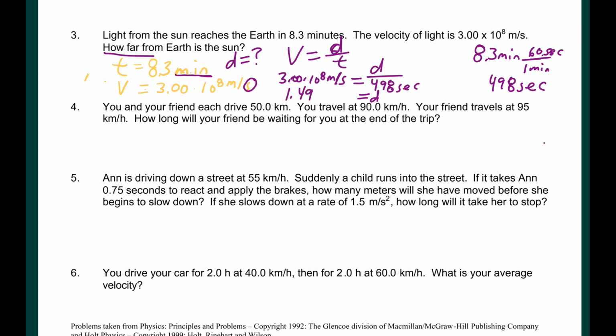I get 1.49 times 10 to the 11th, and always in physics you want to have a unit. In this case it is meters. So the sun is about 1.49 times 10 to the 11th meters away, or 93 million miles.